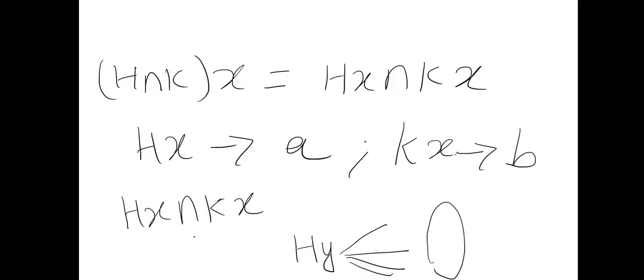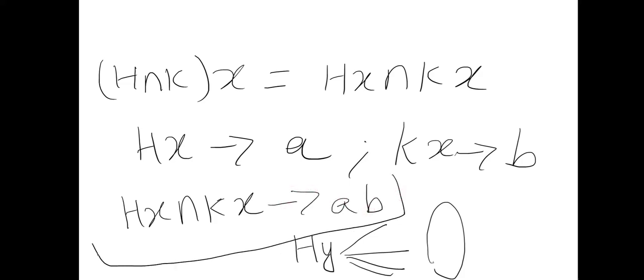Therefore, how many intersections of Hx and Kx are possible? ab intersections of Hx and Kx are possible. All of them may not be distinct. Hx and Kx are distinct, but with respect to the intersection, we never know if it will be distinct or not. But what we do know is that the maximum number of intersections is ab.